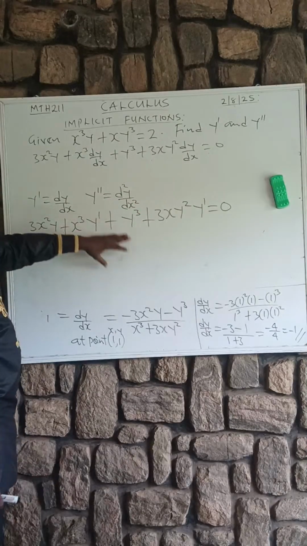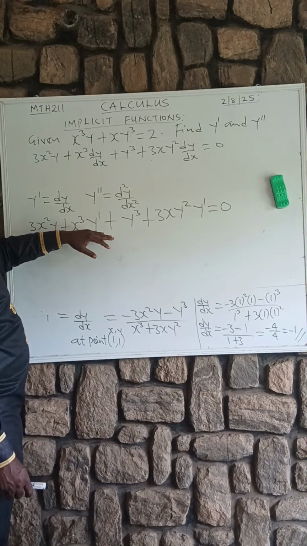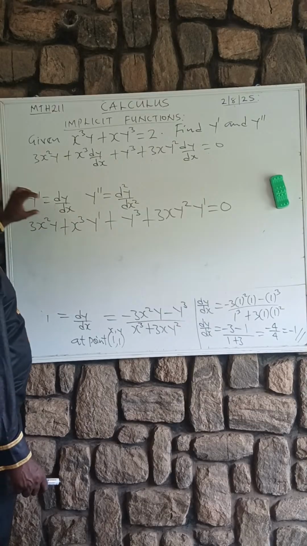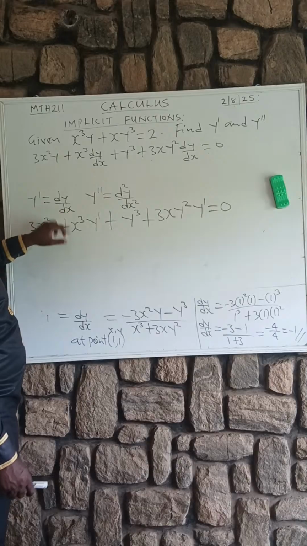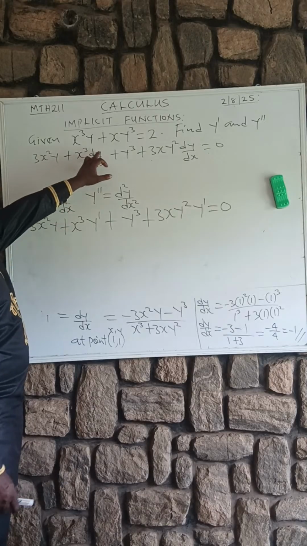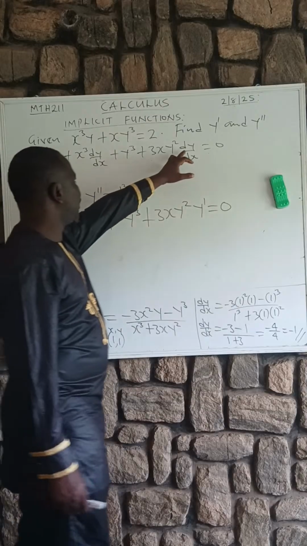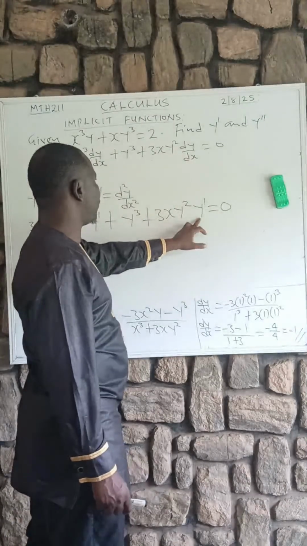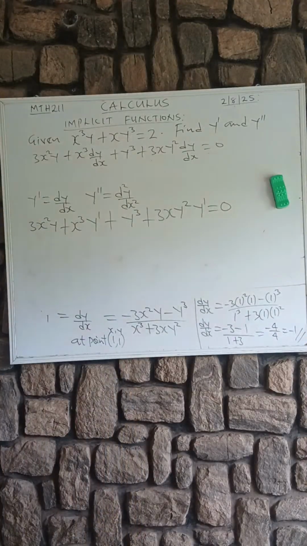So for us to differentiate this easily, we substitute in y prime instead of dy over dx. As you can see, we have dy over dx, we write y prime. Then we have here dy over dx, we write y prime. Do you understand? Are you following?